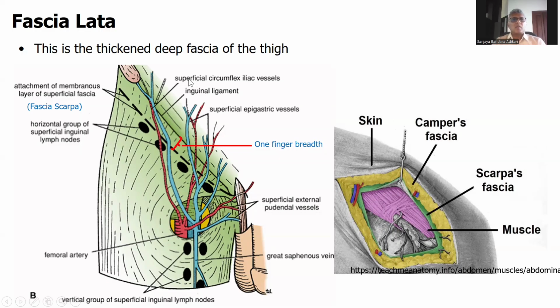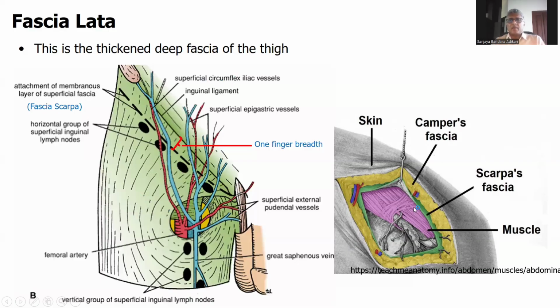Now here, at the transition from the anterior abdominal wall to the anterior aspect of the thigh, the fatty layer just continues without any disturbance, like anywhere in the body. The fatty layer will continue from the anterior abdominal wall into the lower limb, and that creates the superficial fascia of the thigh and the rest of it.